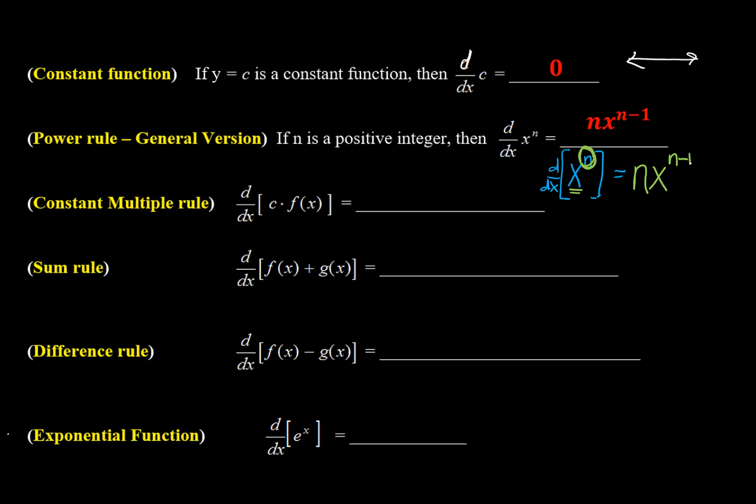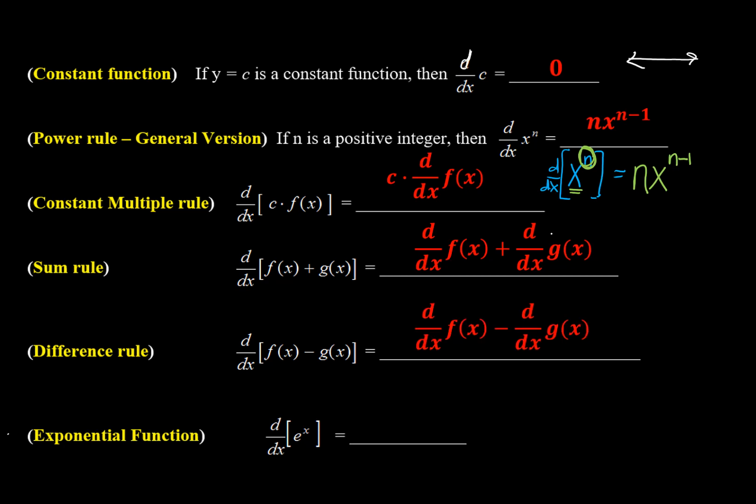If I have a constant times some function, then that constant just goes along for the ride. That constant just goes in the front of the derivative of that function. If I'm adding functions together and I want to take their derivative, then I just individually take the derivative of each function and then add those together. Same thing with the difference rule.